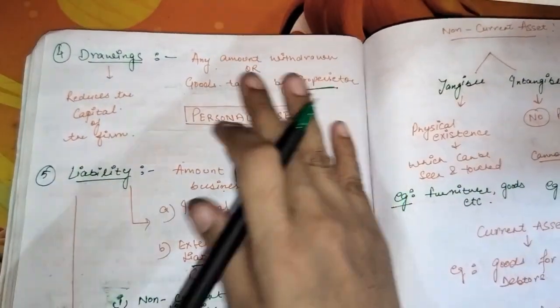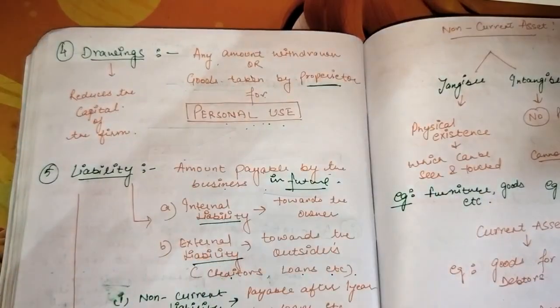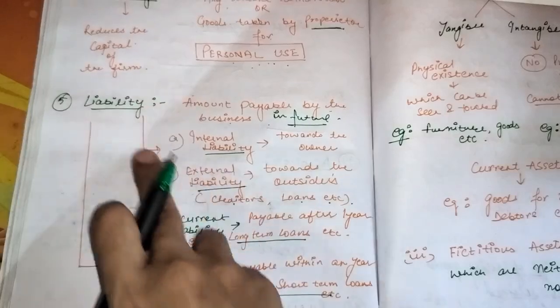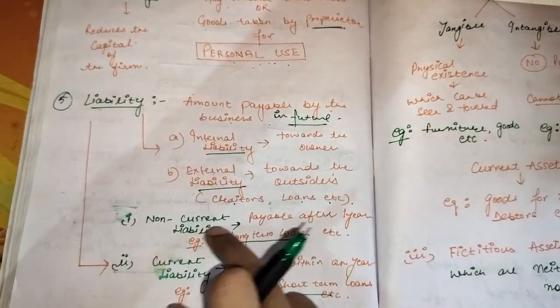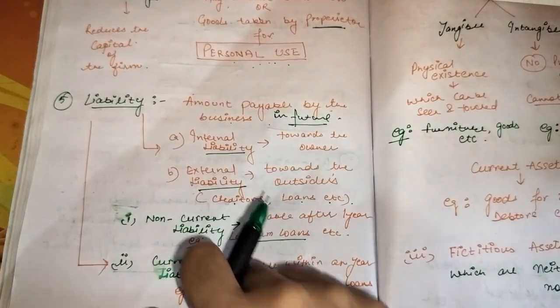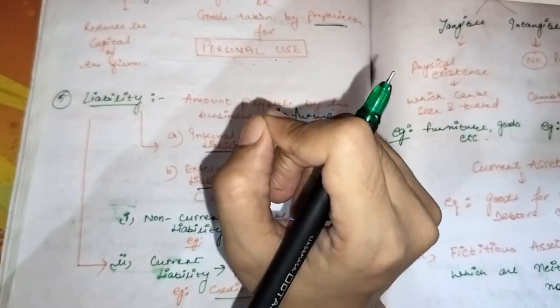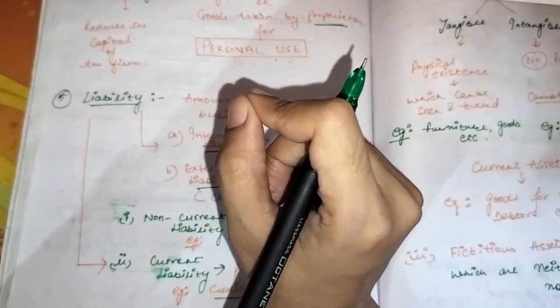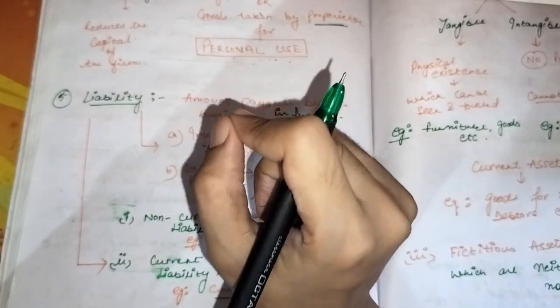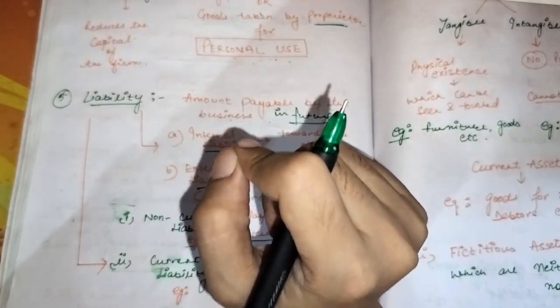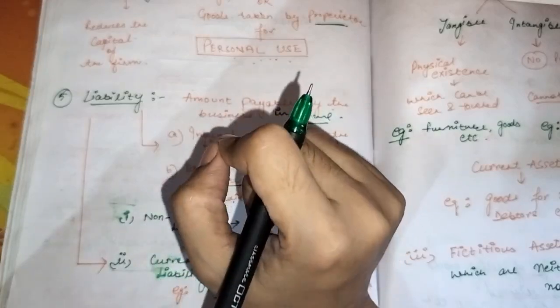Now, in the broader concept, liability is also classified into two other parts. It can be non-current liability or current liability. I think it is very clear from the word current. Current means immediate liability. Non-current means any liability that is to be paid on a future date.